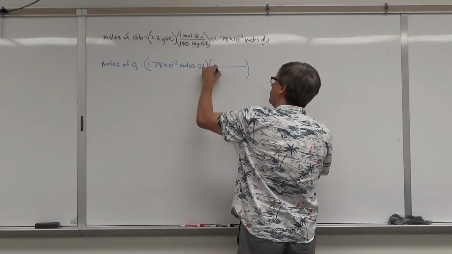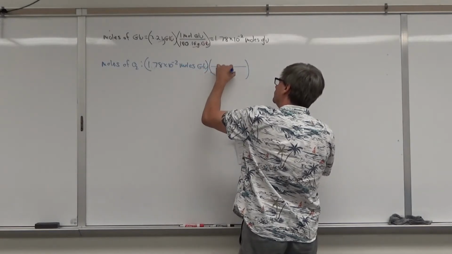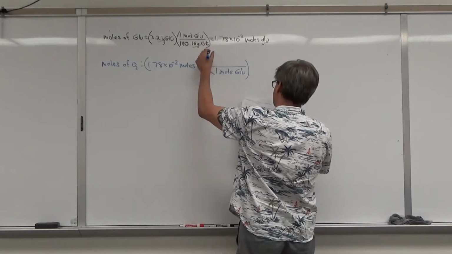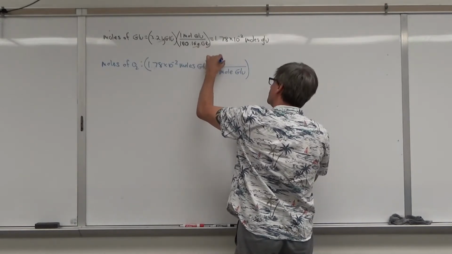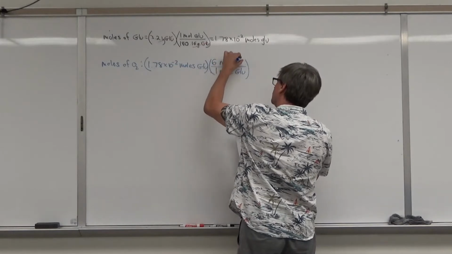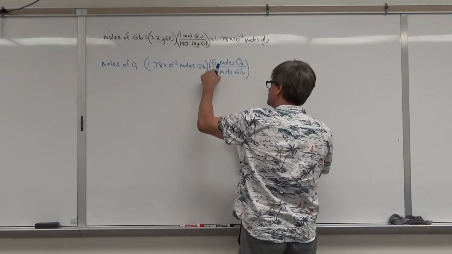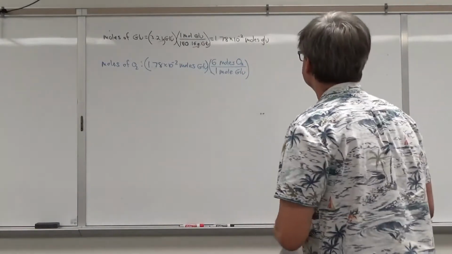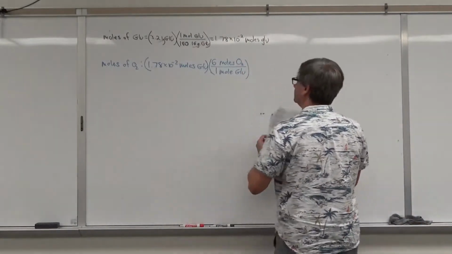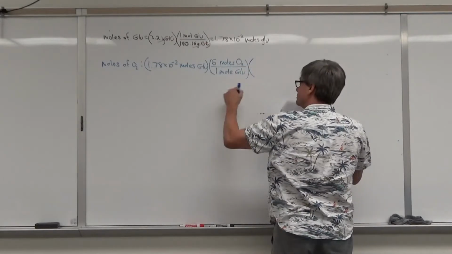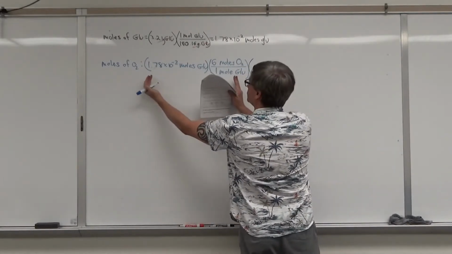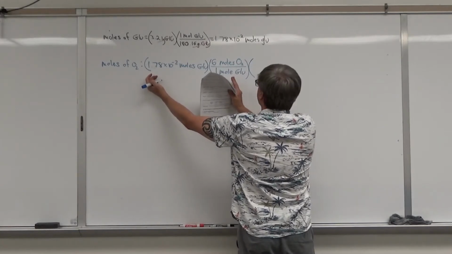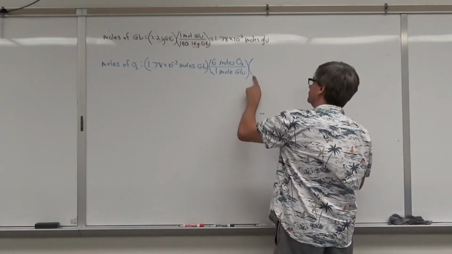For every 1 mole of glucose, we need 6 moles of O2. That's just a coefficient ratio from the balanced chemical equation. And so at this point, with these two multiplied by each other, we have the number of moles of oxygen. So, not going any farther. We're keeping it simple.